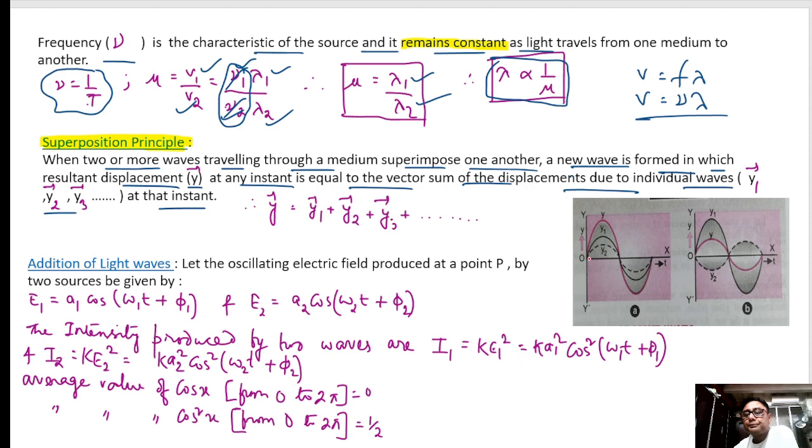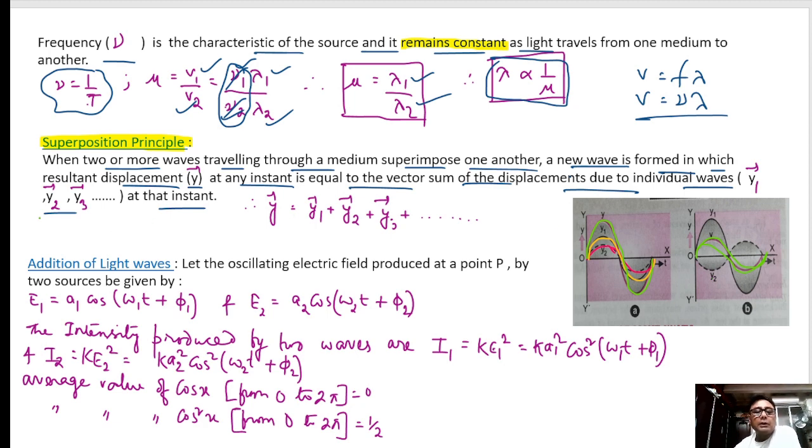This is the first wave having displacement y1, and this is the second wave having displacement y2. At some points the waves' displacements will add up, giving you a resultant wave, or they will be subtracted, giving you a resultant wave. When the two waves are opposite, they will be subtracted. So that is what they are telling.